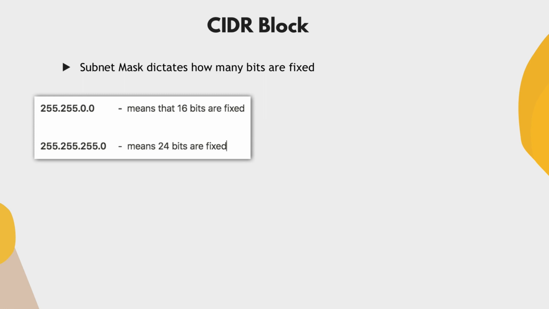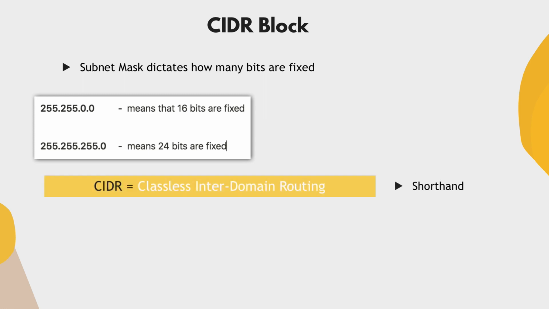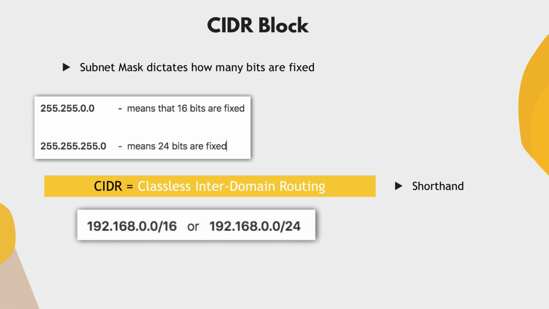So based on this logic, there is actually a shorthand way of writing this, which is also called a CIDR block, and is written like this. So the same IP address as we have here, /16 or /24, where 16 and 24 represent the number of bits in the IP address range that are fixed.